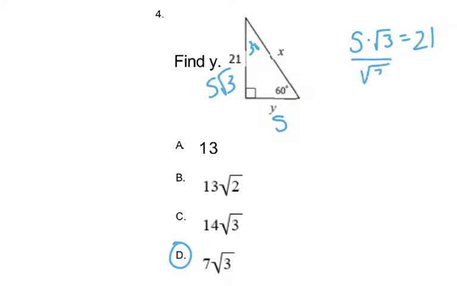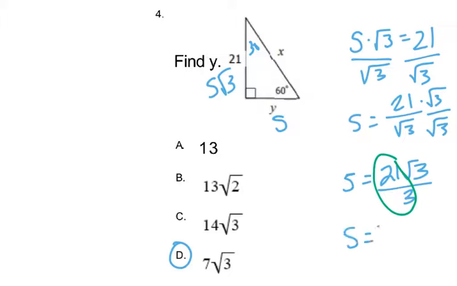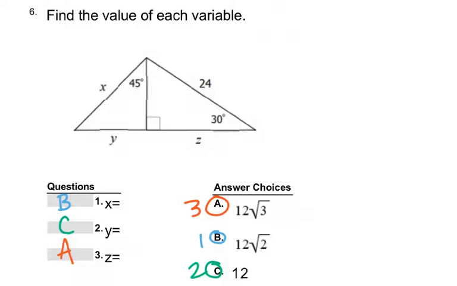If I divide by the square root of 3, I get x equals 21 divided by the square root of 3. Can't have a radical in the denominator, so I'll multiply the top and bottom by the square root of 3. So the top actually becomes 21 square root of 3. The bottom is 3. And then I can reduce this. 21 divided by 3 is 7. So 7 square root of 3. That's how you get D.